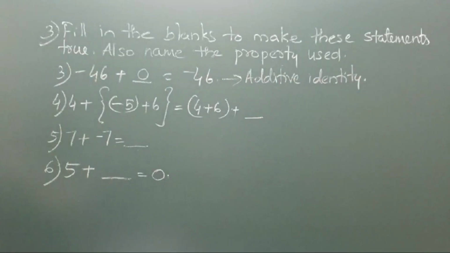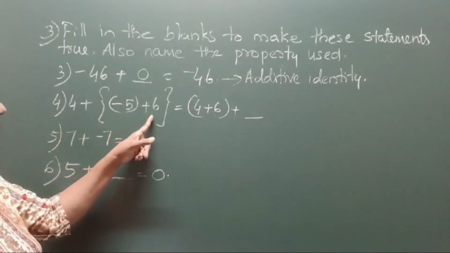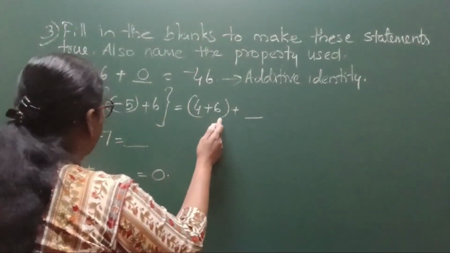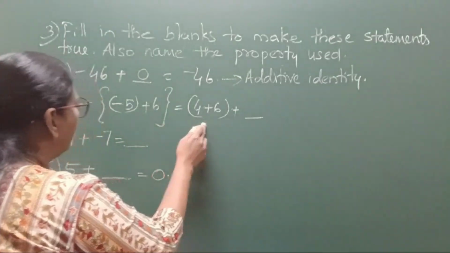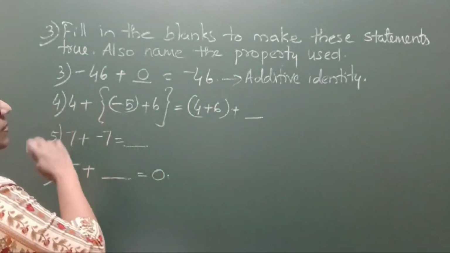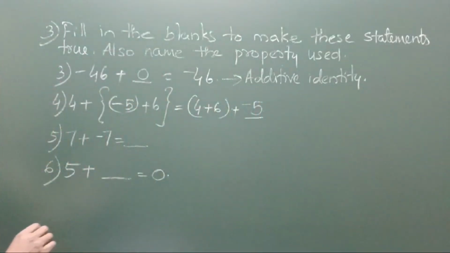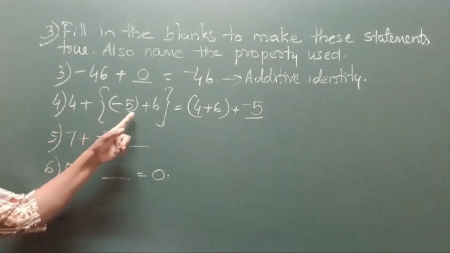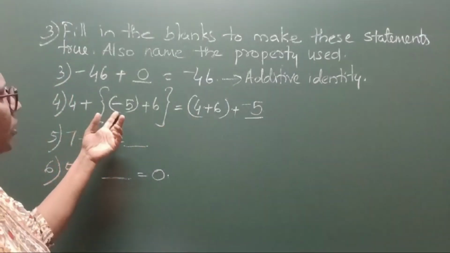Next, 4 plus minus 5 plus 6 is equal to 4 plus 6. See here, this 4 and this 6 are written here, and the remaining is minus 5. So 4 plus minus 5 plus 6 is equal to 4 plus 6, then the remaining is only minus 5.